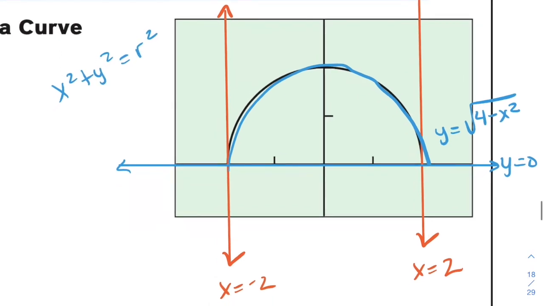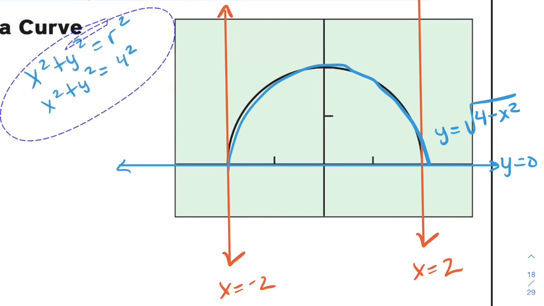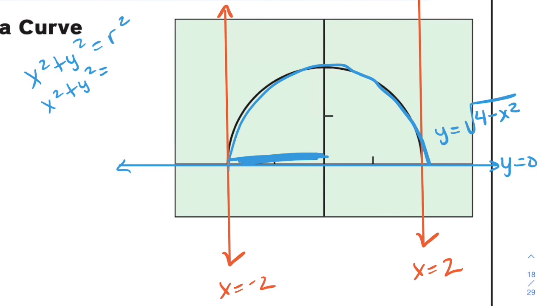If you know the equation of a circle, sorry to bore you, but in this case, the radius is 2, right? Do you see how this radius is 2 units right here? 2 units. So 2 squared. So we have x squared plus y squared equals 4.